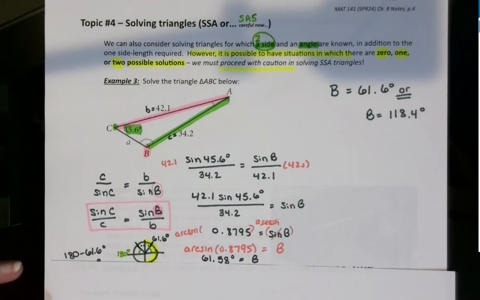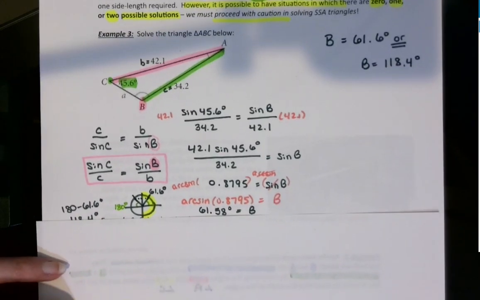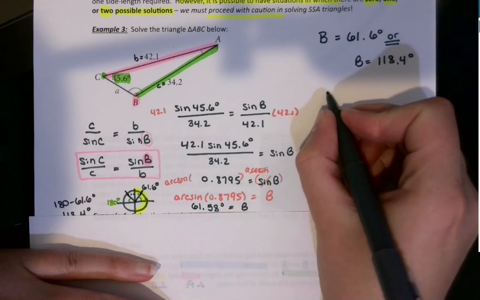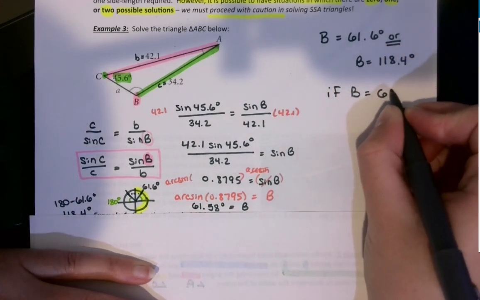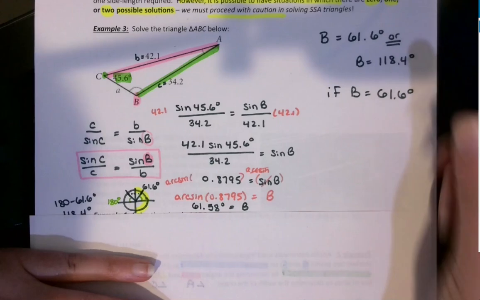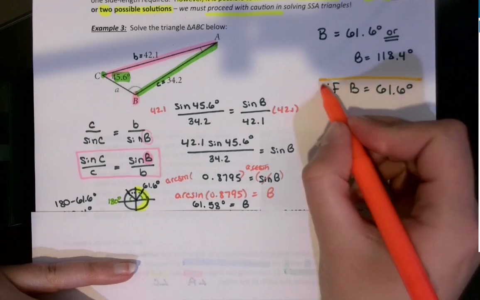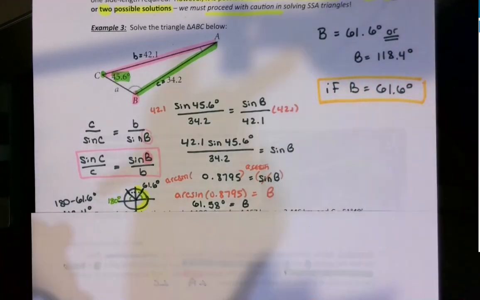I can tell I'm going to need a bit of extra paper, so I'm grabbing an extra sheet here. And let's look at the case if B is equal to 61.6 degrees. And let's work through that case here. So this is going to be solving this situation. I'm probably going to use more than this space, but I'm going to try to begin there.